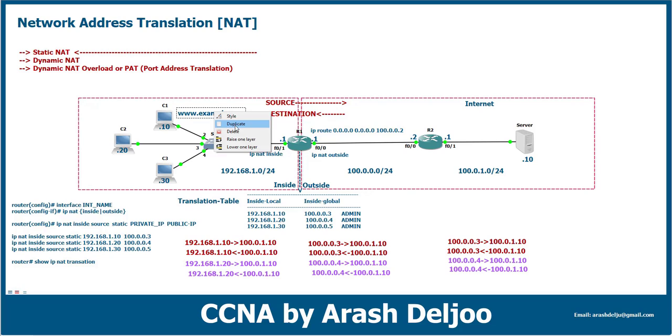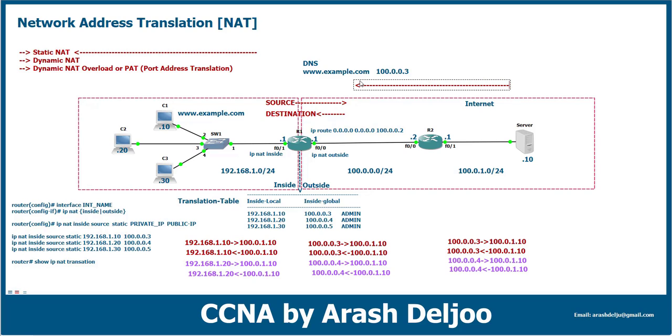In the public DNS servers, we create one record in DNS with the IP of 100.0.0.3. This is now the record of the DNS server. And if a system from outside of the network needs to connect to www.example.com, it should first send a DNS query to the public DNS servers, and after that it will receive the IP address 100.0.0.3.